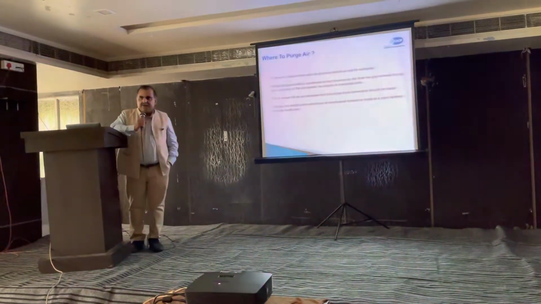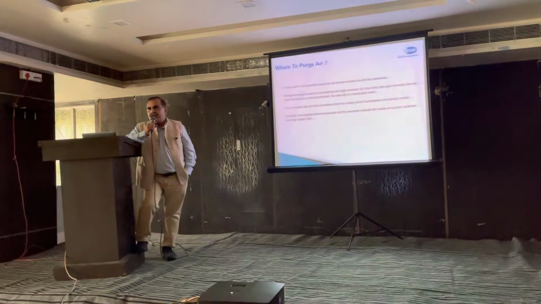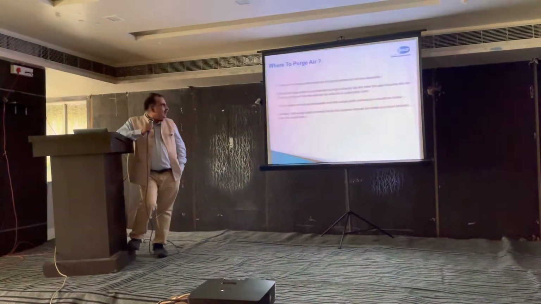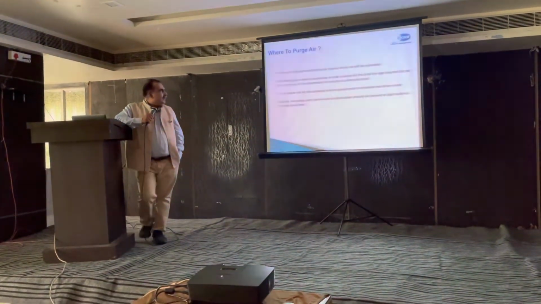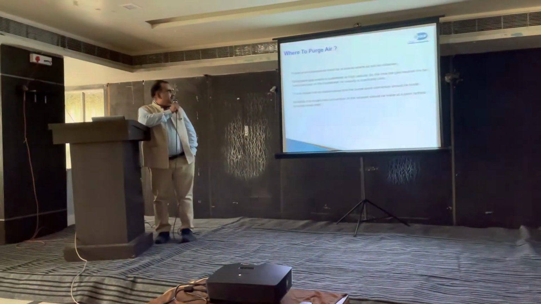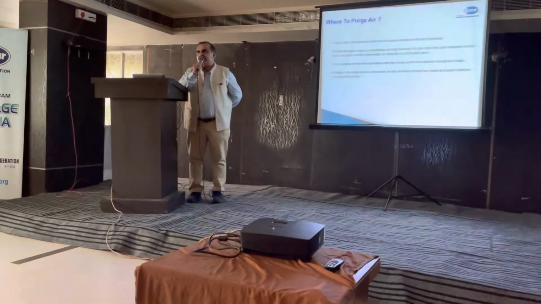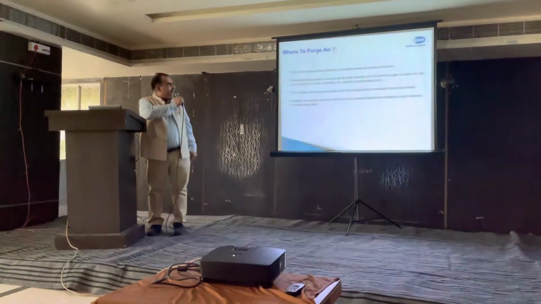So the most important thing is to find out the purge points, the points where I need to take my air out. These should be placed where air is getting accumulated. Naturally, if you want to remove the air, the point has to be where air accumulates.